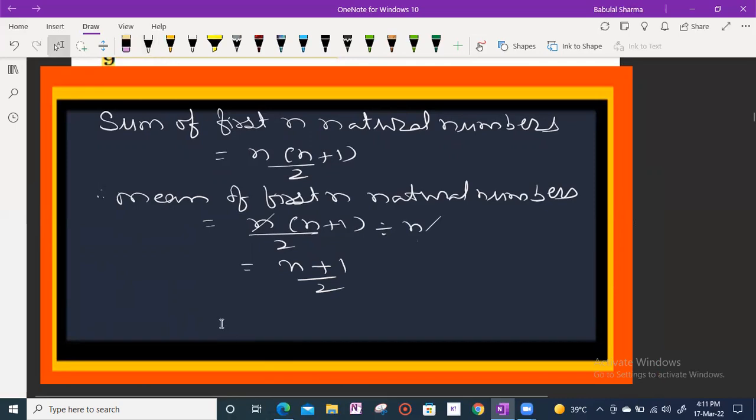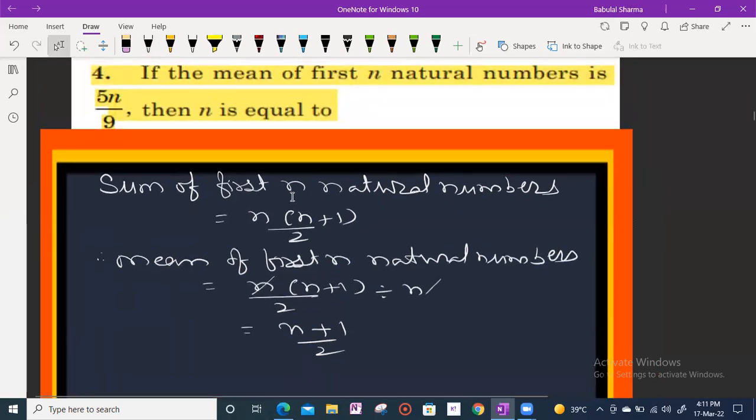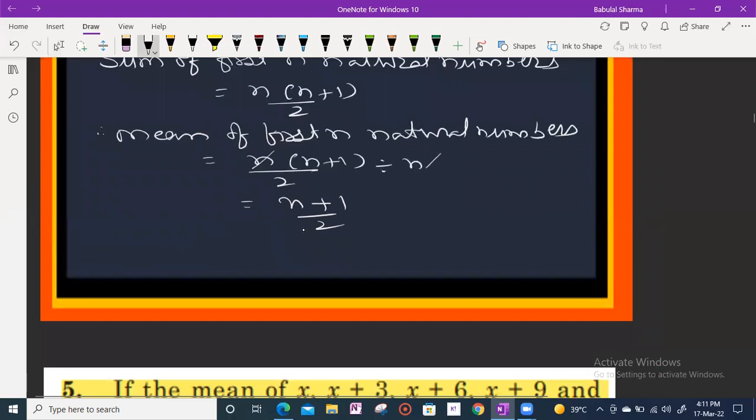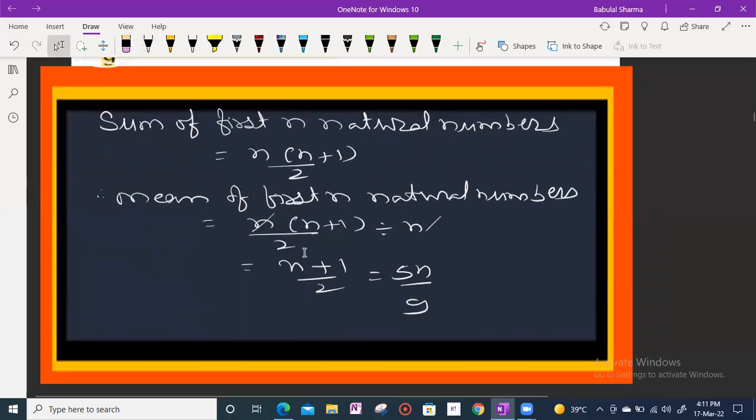And this is given in the question. It is given that this mean is equal to 5n upon 9. So n plus 1 by 2 is equal to 5n upon 9.